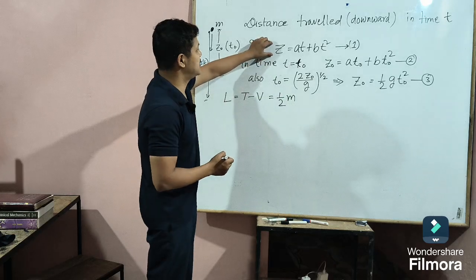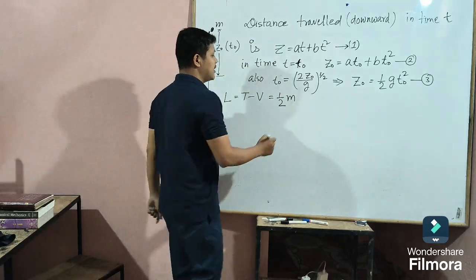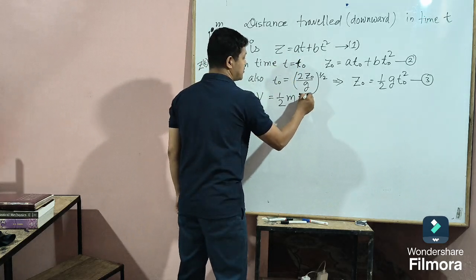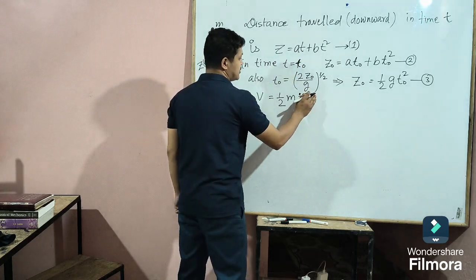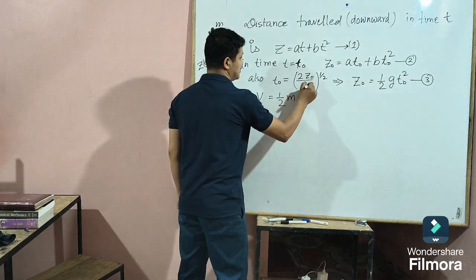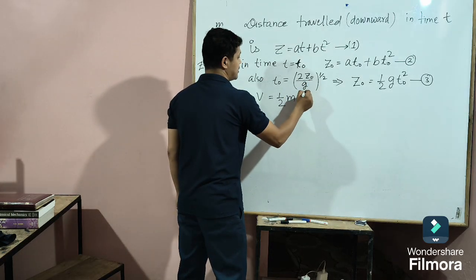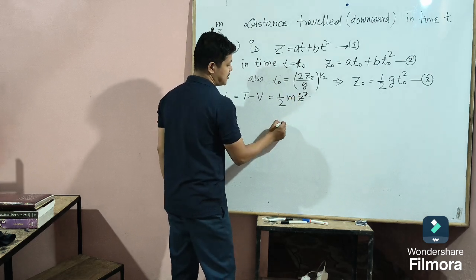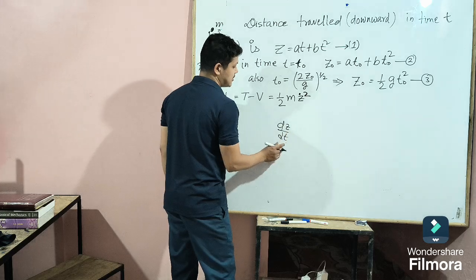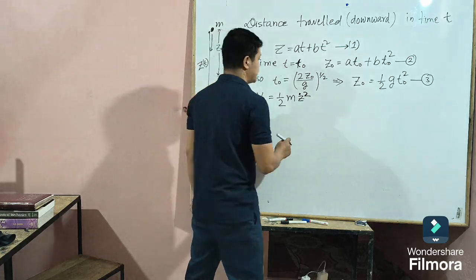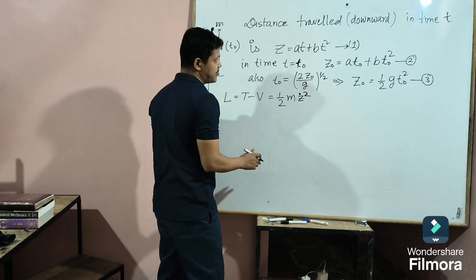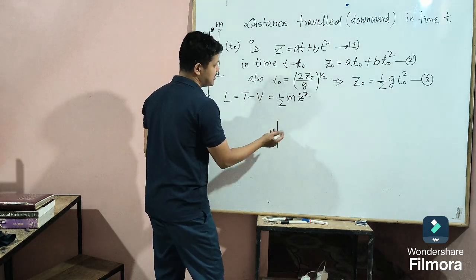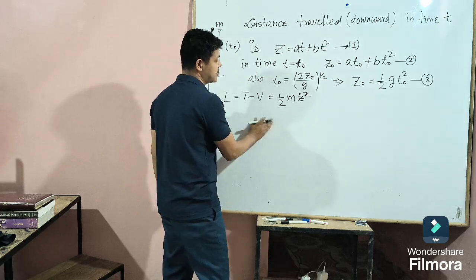Here the distance is z, so velocity will be its time derivative, z dot square. Z dot means dz by dt, right? Here z is the displacement. When it is falling in a straight line downward, displacement and distance will be the same. So hope you have understood these things.